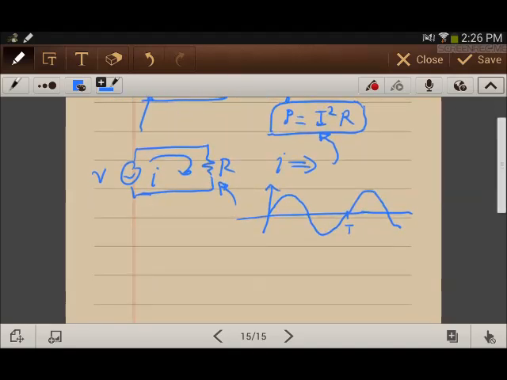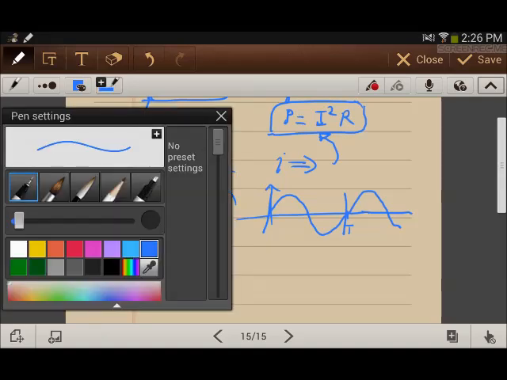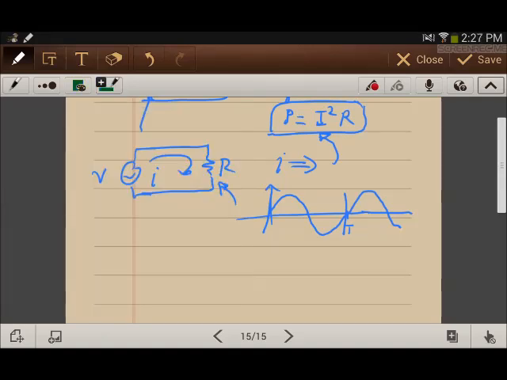But the RMS value of the current is like taking the absolute value of this current. So this signal will become like that, and then square the signal and take the root of it.